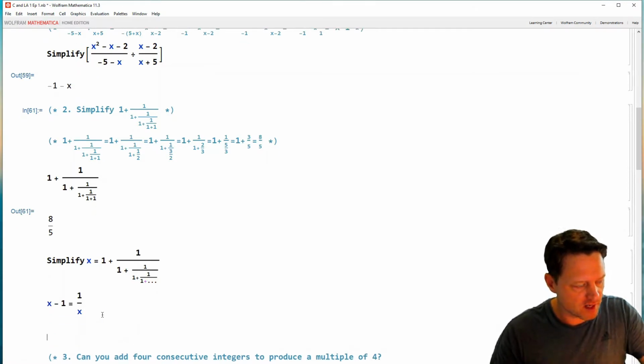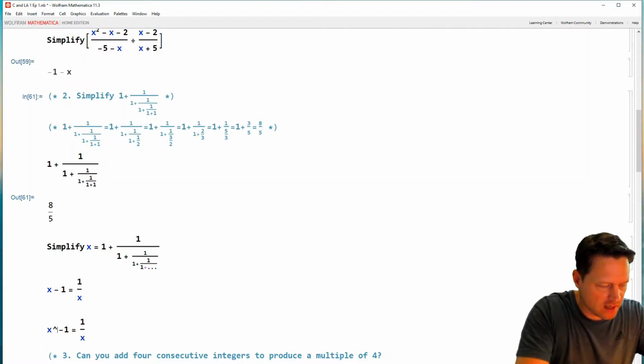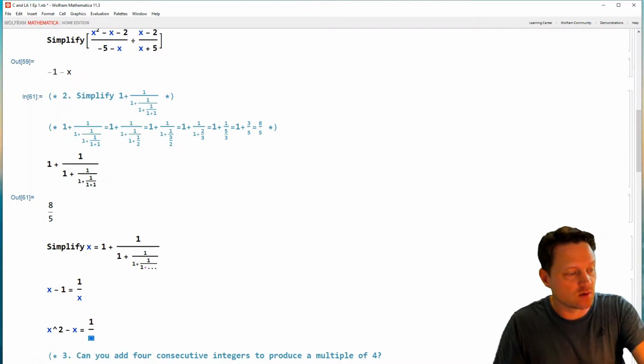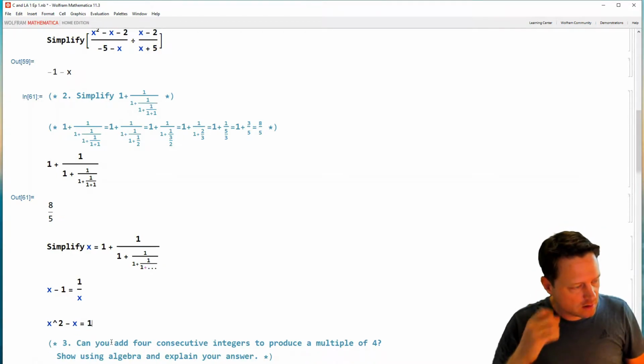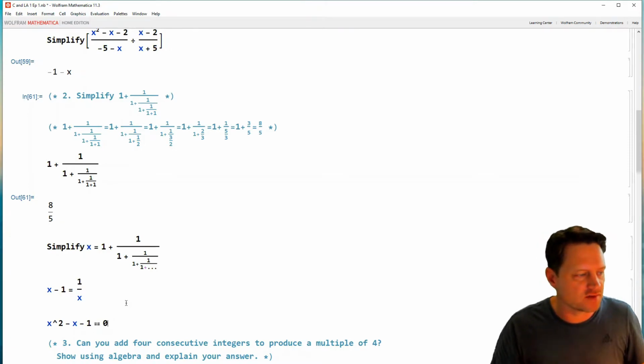So we would want to solve this equation for x, which is an equivalent problem. Okay, so by hand I would multiply both sides by x, and I would get x squared minus x on the left, and then I would subtract 1 from both sides and have 0 on the right hand side, and then I need to solve this, right?